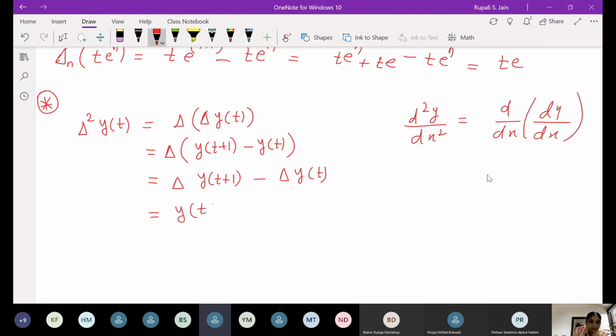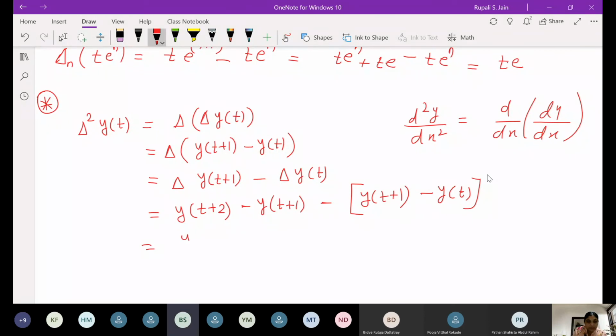So delta yt plus 1 gives yt plus 2 minus yt plus 1, and minus delta yt gives minus (yt plus 1 minus yt). So I get yt plus 2 minus 2 yt plus 1 plus yt. Is that okay? That is my delta square yt.